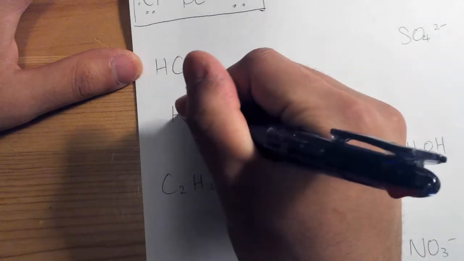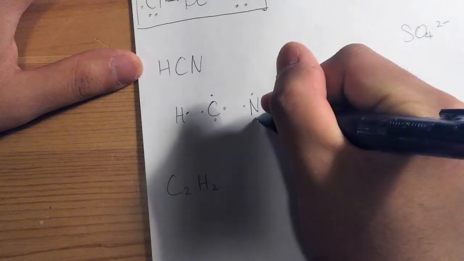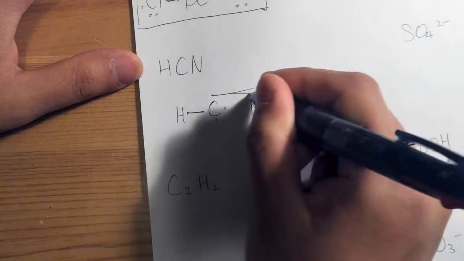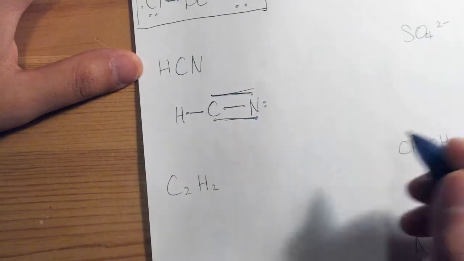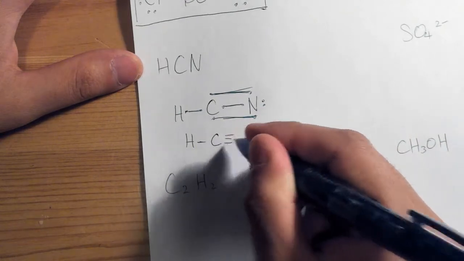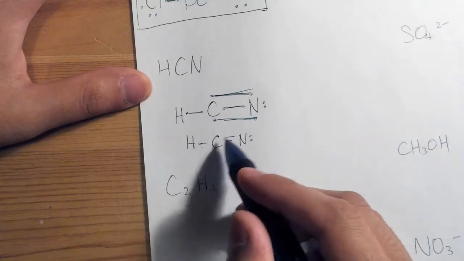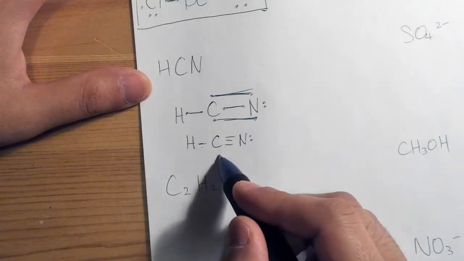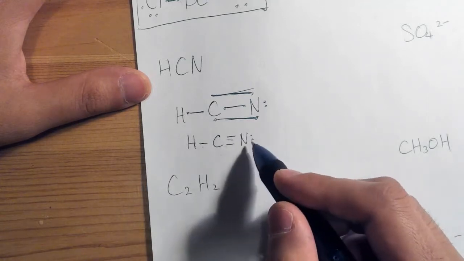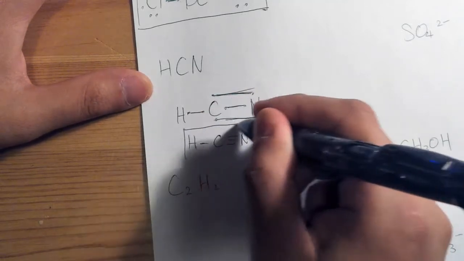And then I'm going to put an H here and nitrogen on the right side, which has 5 valence electrons. Now I'm going to connect those lone electrons. So there's going to be H with a single bond to the central atom and a triple bond between nitrogen and the central atom. So we have 1, 2, 3, 4, 5, 6, 7, 8, 8 valence electrons in the central atom. 1, 2, 3, 4, 5, 6, 7, 8, 8 valence electrons on the outer atom, and for hydrogen there's 2. So this is the right structure.